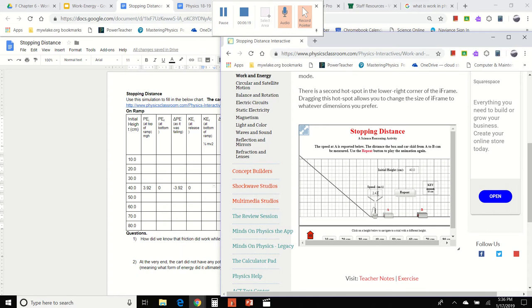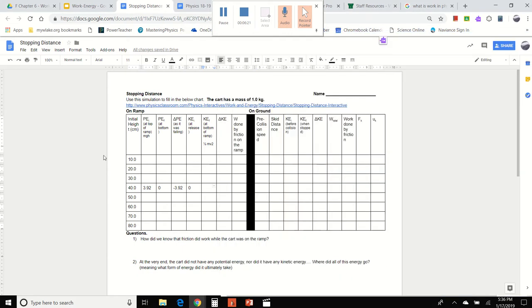The v it gave me was 2.42. So 2.42 squared. I'll plug that in my calculator here. 2.42 times 2.42 is 5.85, times 0.5. So that gives me 2.92.